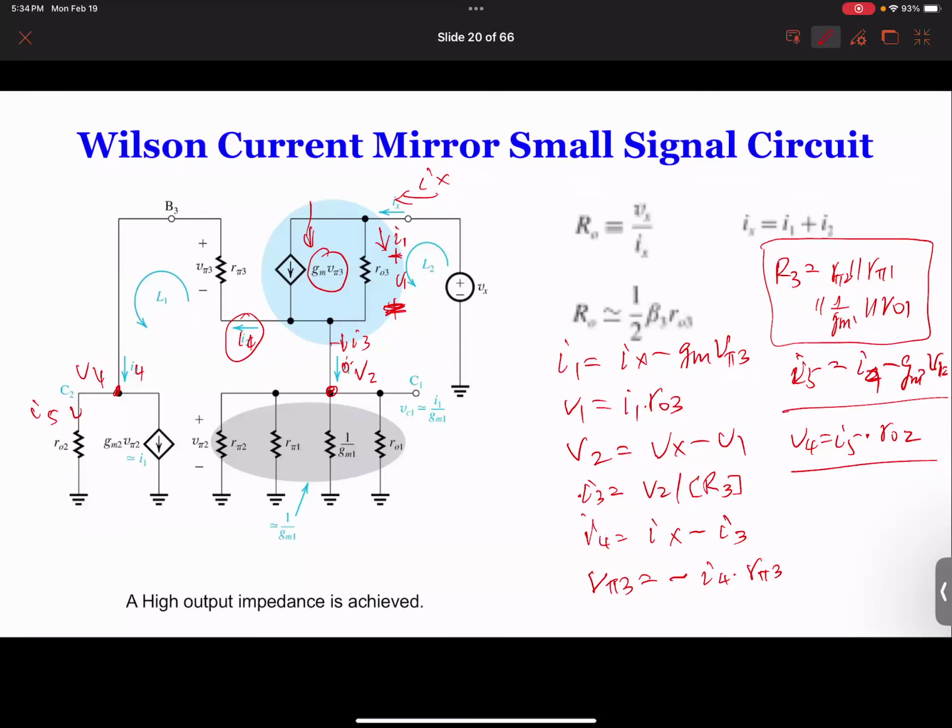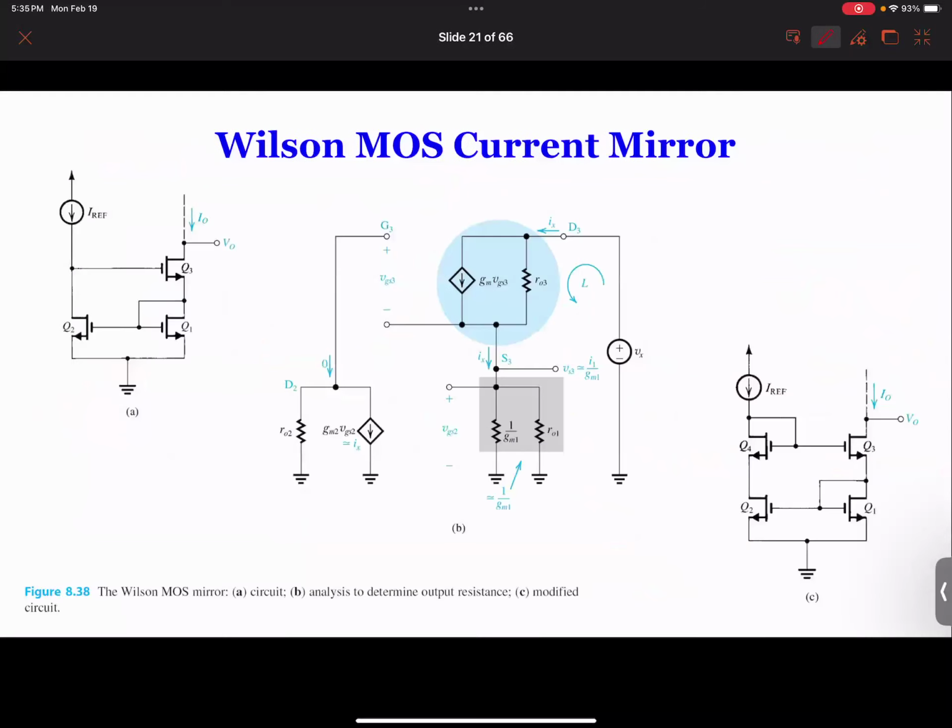Then this current minus this current gets this current, and this current times this resistance gets this voltage here. So basically you got this set of equations, and you can solve for the unknowns, and then you can get RO. The equation isn't so clear here, but RO is 1/2 beta 3 times RO3. That's the final solution.